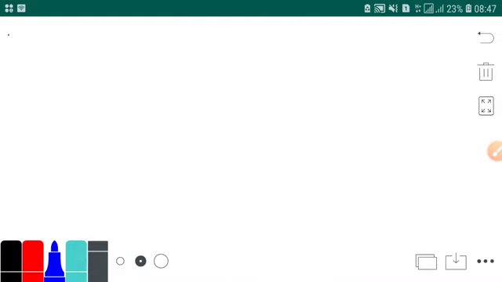Okay, let's take another example, illustration number 12. This is important. What is given in the question?